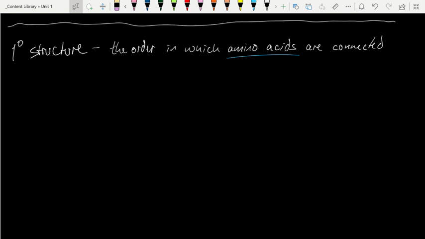If I change that amino acid, and it's in a sensitive, important part of that protein, maybe it alters the way that protein functions. And this is how genetic diseases arise. By changing the DNA, I change the primary structure, and that potentially could change protein function.